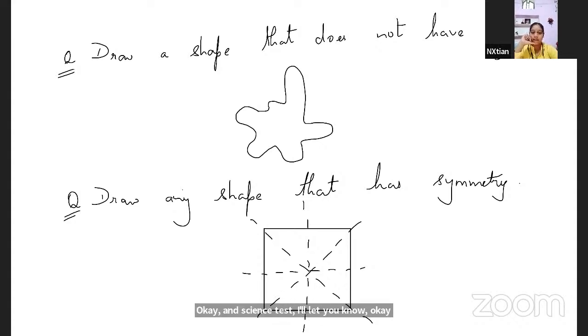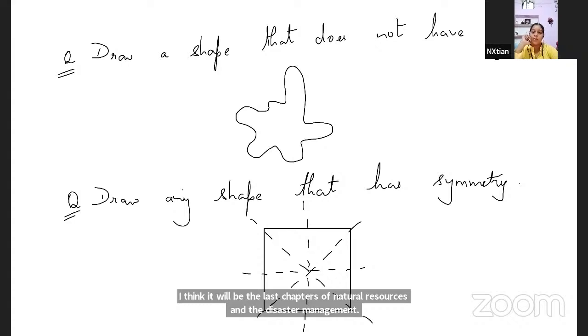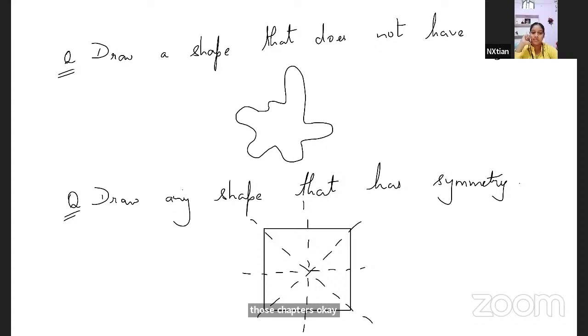I'm planning a bigger test, like a three-chapter test in science, probably the last chapters of natural resources and disaster management. Or a diagram test from the 4th and 5th chapters.